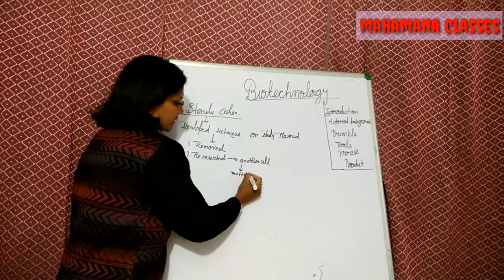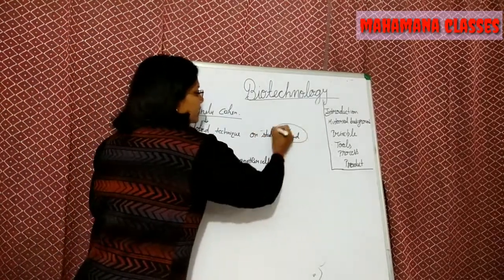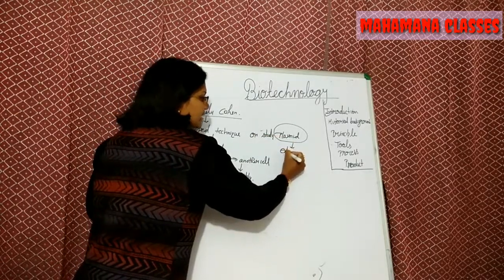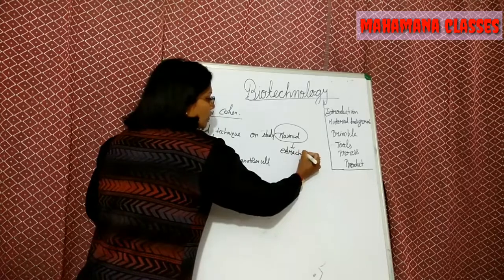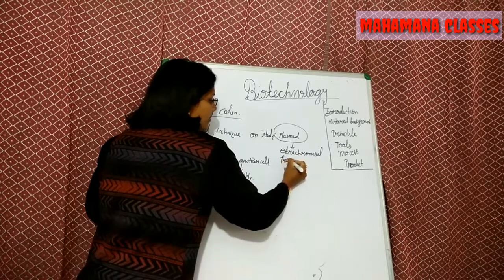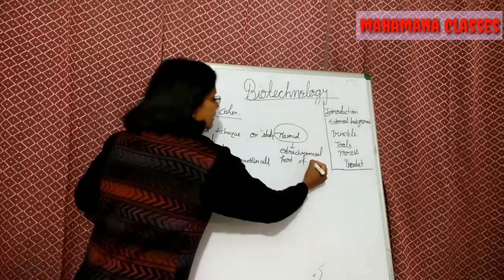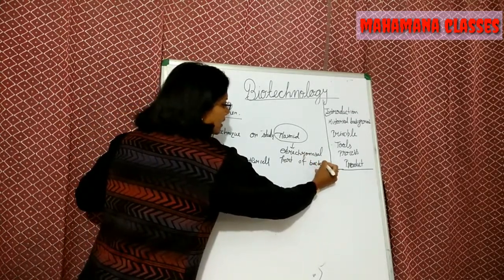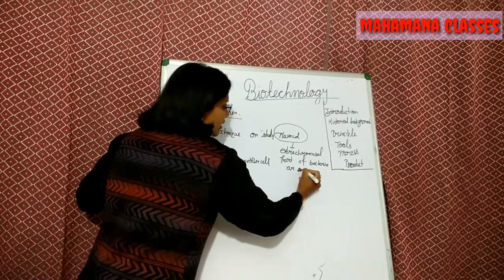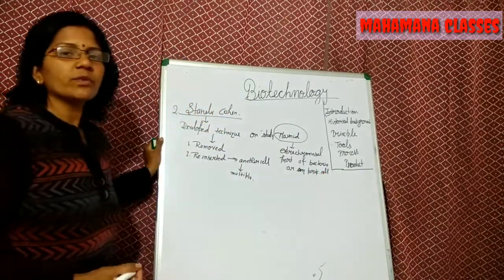Let us see actually what is going on here. Stanley Cohen studied the plasmid. What is this plasmid? A plasmid is the extra chromosomal part of bacteria or any prokaryotic cell. Why is it important?